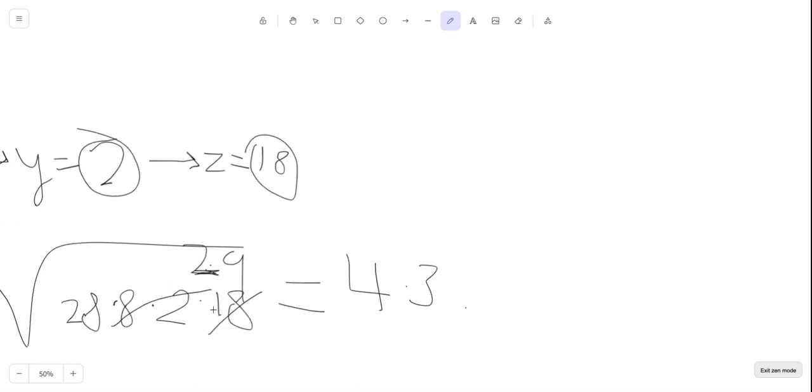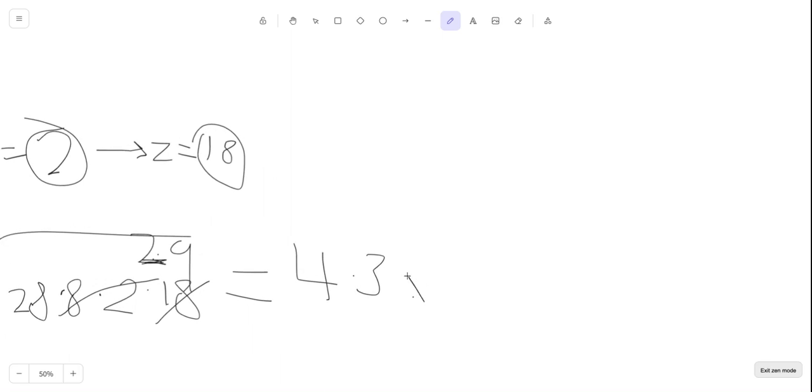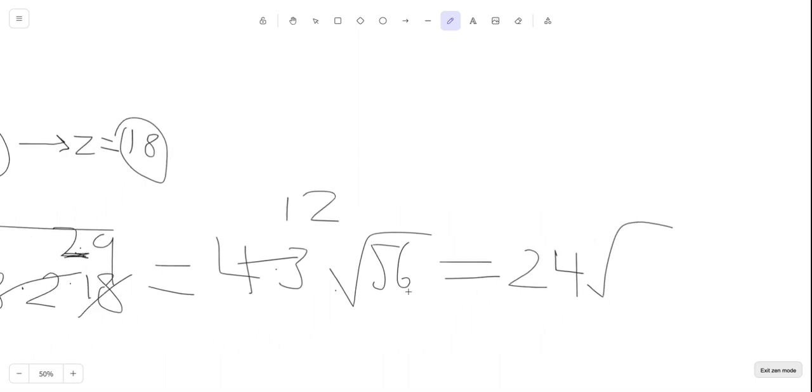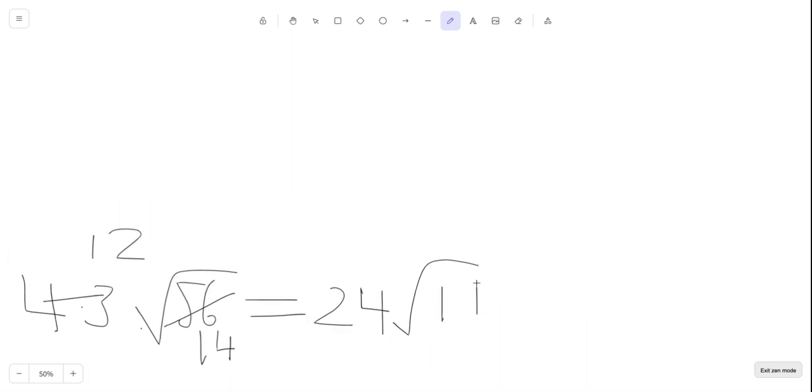And if you get root 56, take the 4 out, you get a 2. This is a 12 now. So 2 times 12, 24. And this reduces, if you divide by 4, you get 14. We're taking the 4 out. Okay, this obviously cannot be simplified anymore since 14 is 2 times 7.